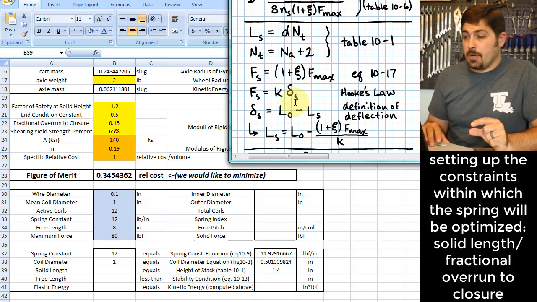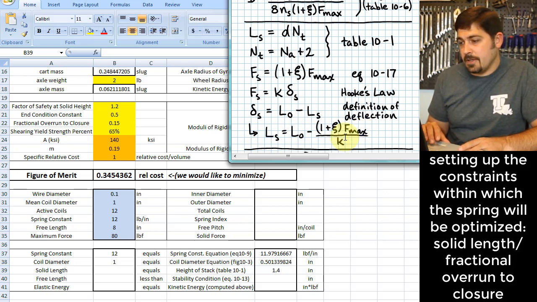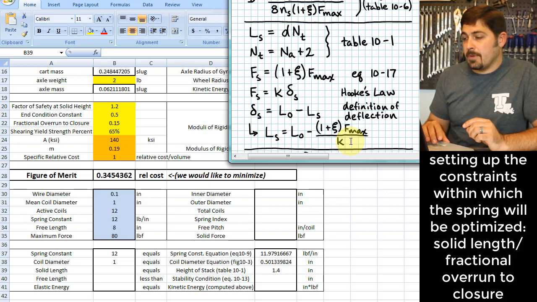We also know that the definition of how much deflection there is when it's solid is just the free length minus the length when it is solid. We can take those three equations and put them together into an equation that looks like this. And so that's what we need to enter here, because this is another equation that gives us the solid length of the spring, but it does it in terms of the other variables that we already have on our sheet.